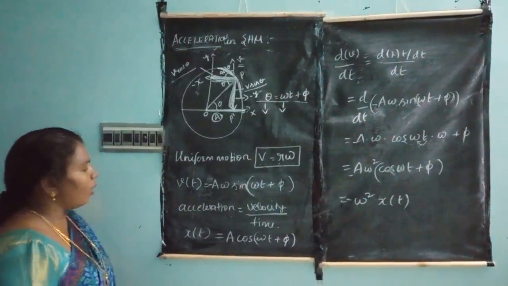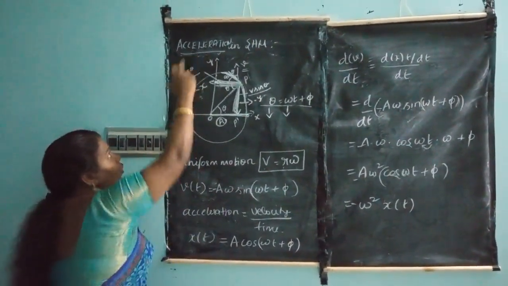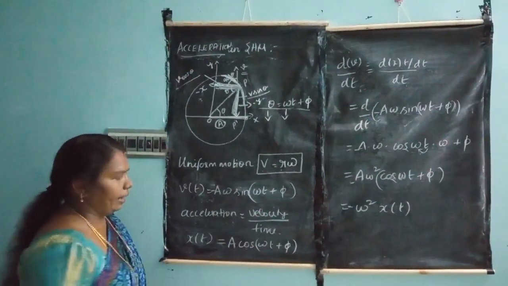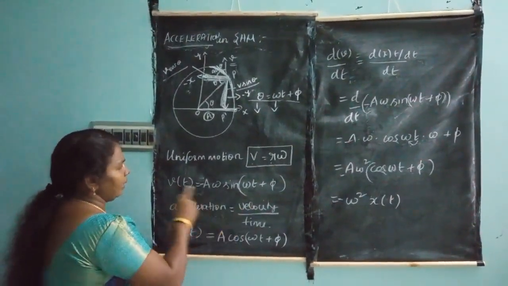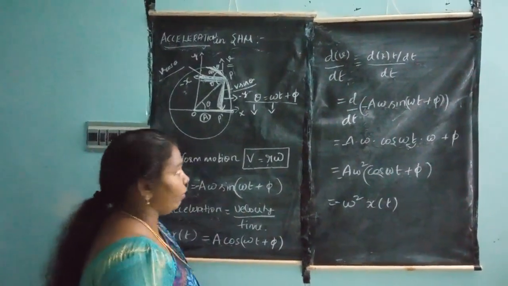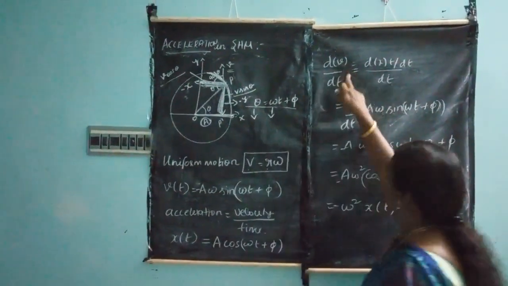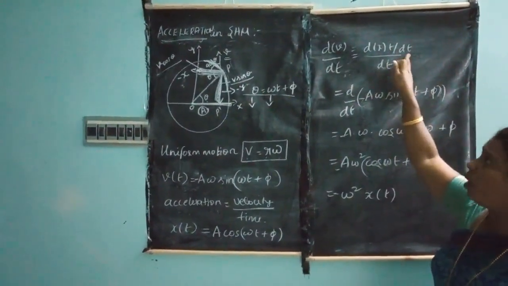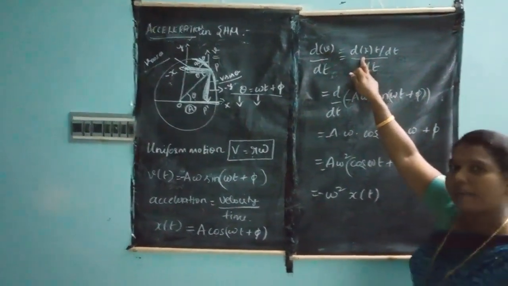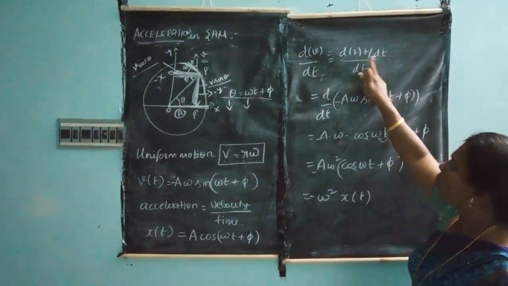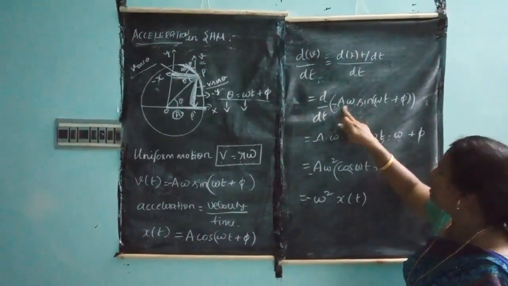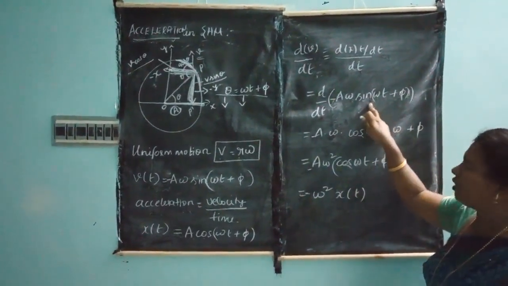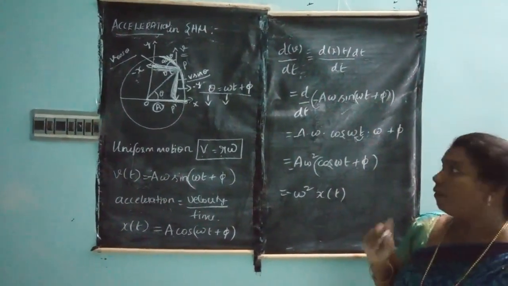Okay, see, what is the acceleration formula? In order to find the acceleration, it is velocity divided by time taken. So what is the velocity? V of t, so you have to differentiate. Velocity means distance divided by time taken, and the distance here is along the negative x direction: minus a omega sin(omega t plus phi). I differentiate this.